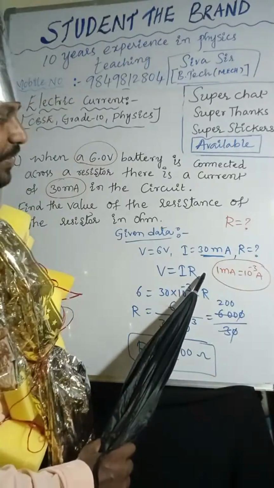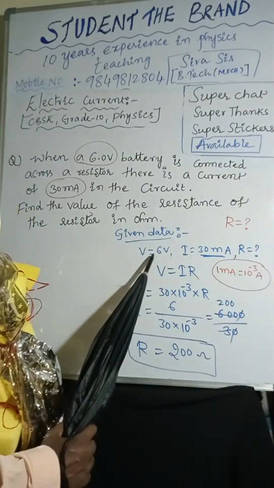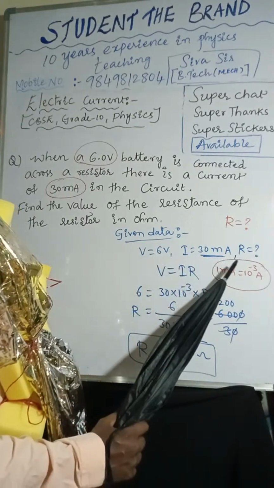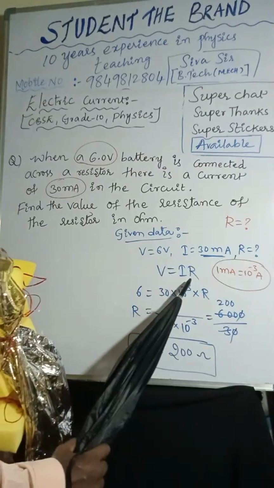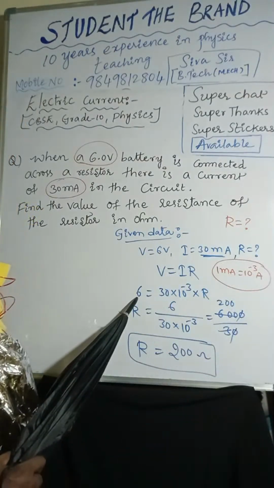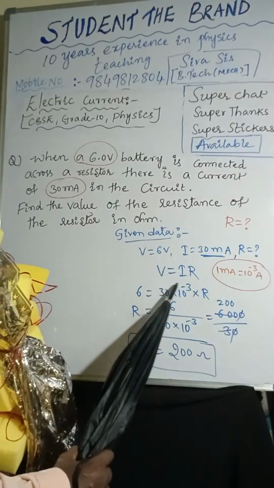V equal to 6 volts and I equal to 30 milliampere. R we have to find out. From Ohm's law V equal to IR, so 6 equal to 30 into 10 power minus 3 into R.